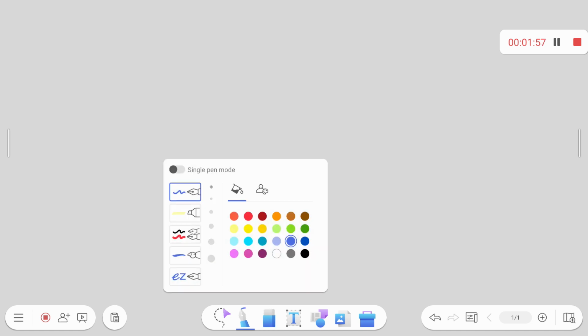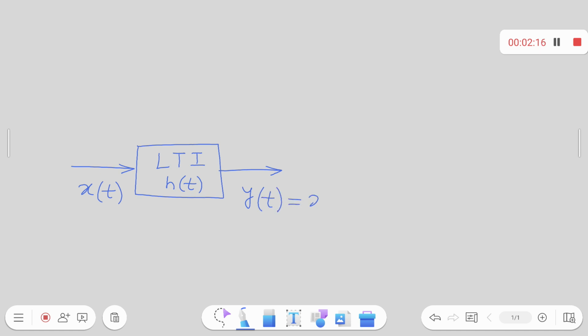For example, if I have this signal x of t applied to an LTI system characterized by its impulse response h of t, then the output y of t is the convolution integral between x of t and h of t. That's all.